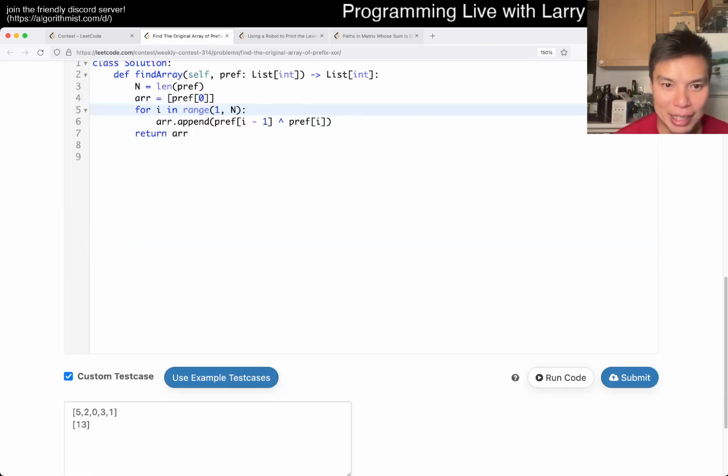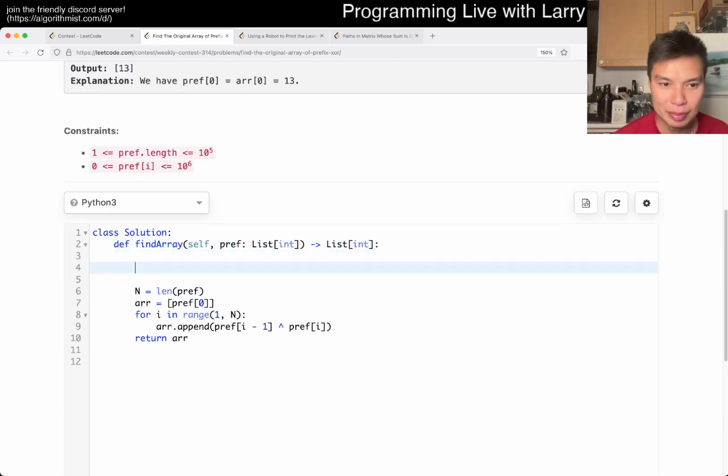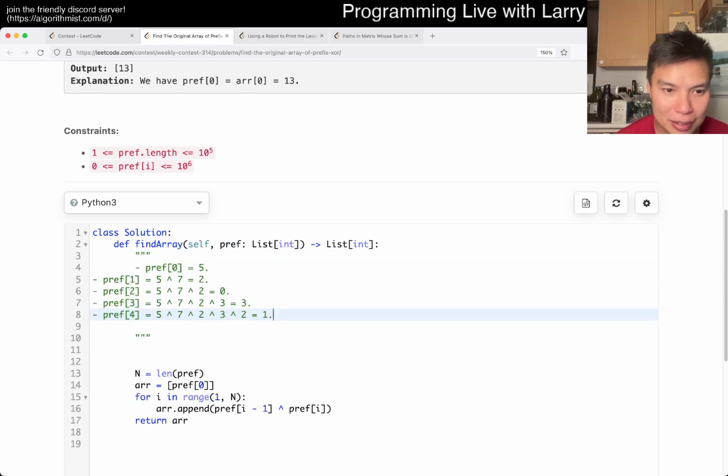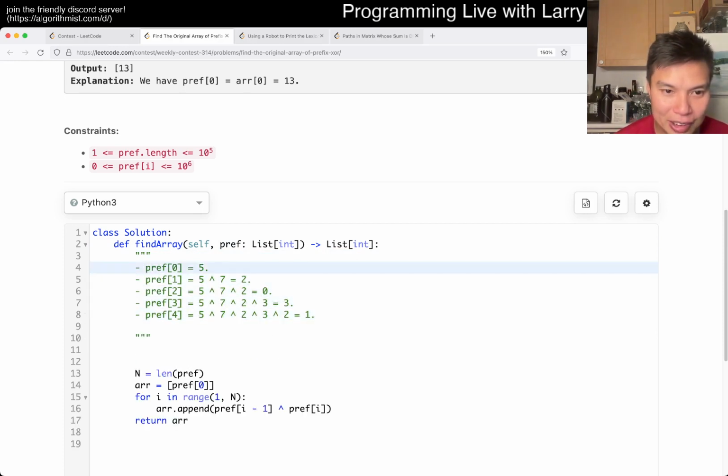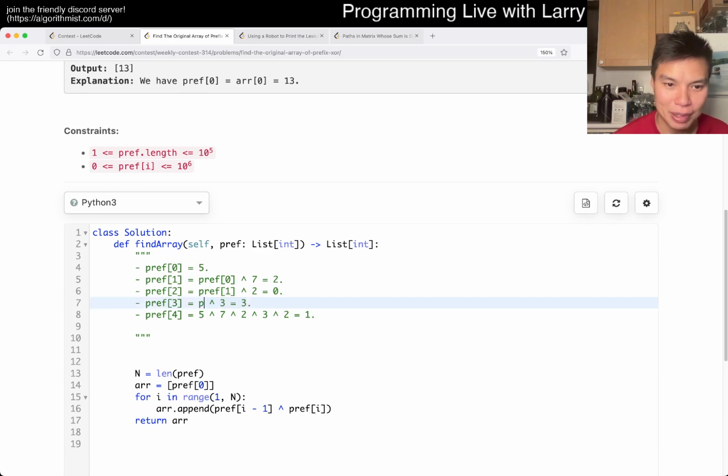I'm going to copy and paste and then substitute. Let's say you have this, then you know that you can substitute this with pref 0, and then of course that's just 5 and 7, so this you can substitute with pref 1 and so forth, right?